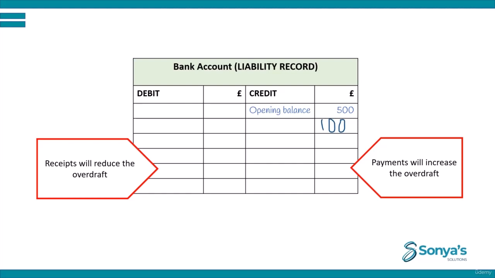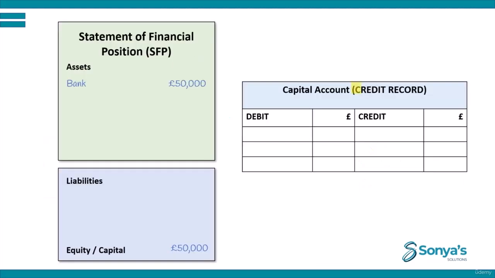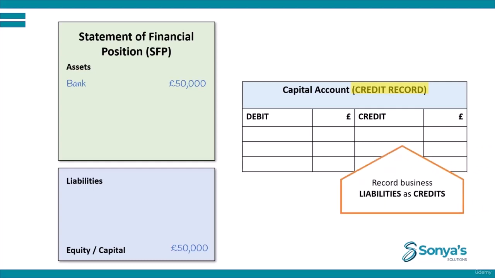If we receive £100, then the amount we owe will be reduced and we will owe the bank £400. So that leads us nicely onto learning about liability ledger accounts, which are credit records. Liabilities are recorded as credits.